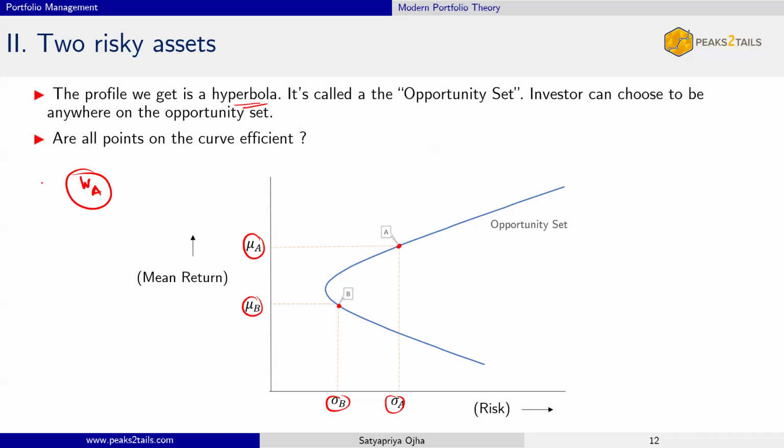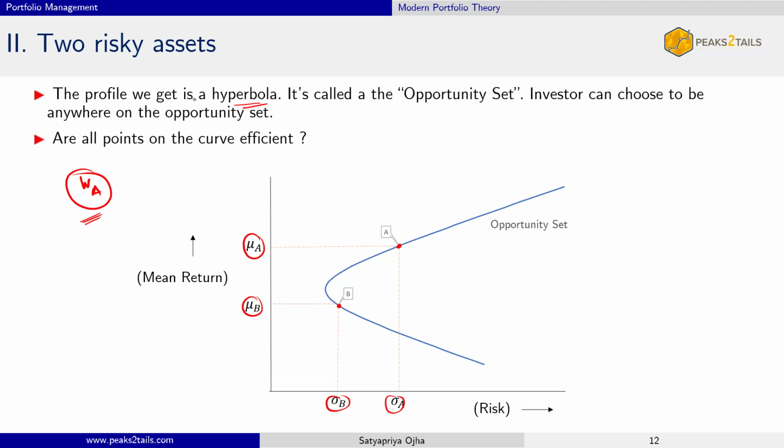If short position is not allowed, then you will move between B and A. Those will be the two extremes. But if short position is allowed, then you can move outside of B and A, exactly how we saw in the first case. But this is the profile you get. It's a hyperbola. By choosing WA appropriately, you can be anywhere on this particular curve.